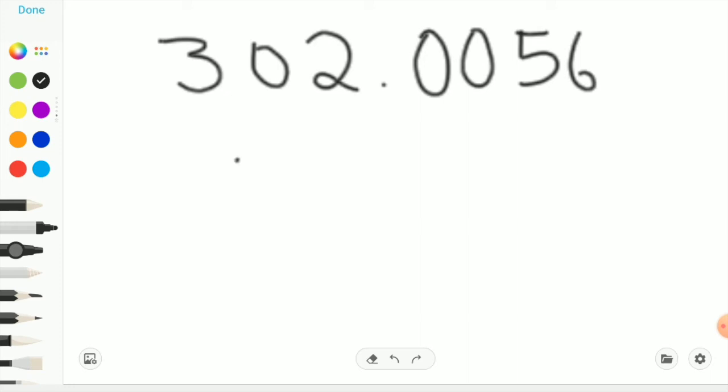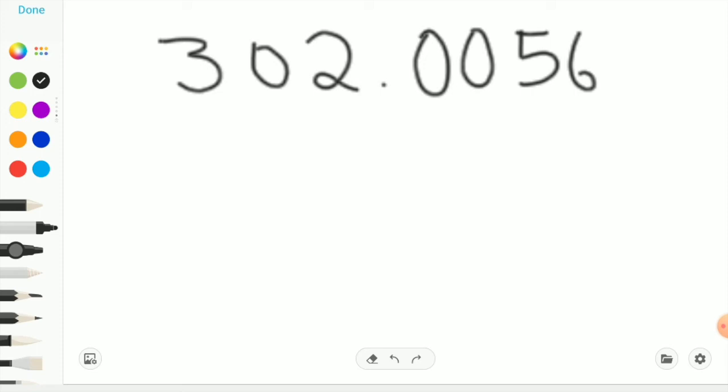So all the zeros after the decimal are significant. That's it. You just need to memorize how the decimals work and whether they're sandwiched or not.